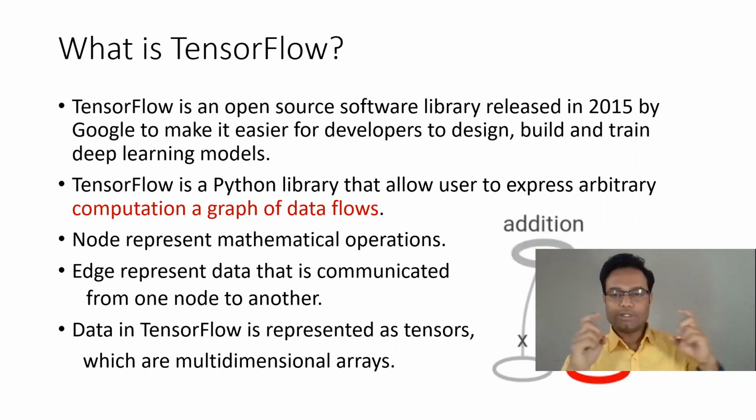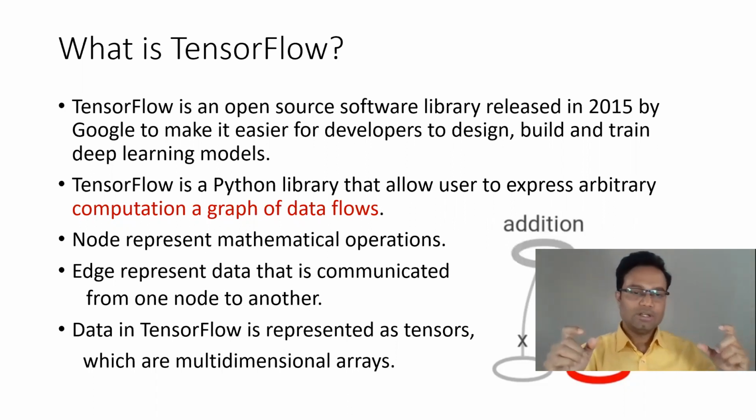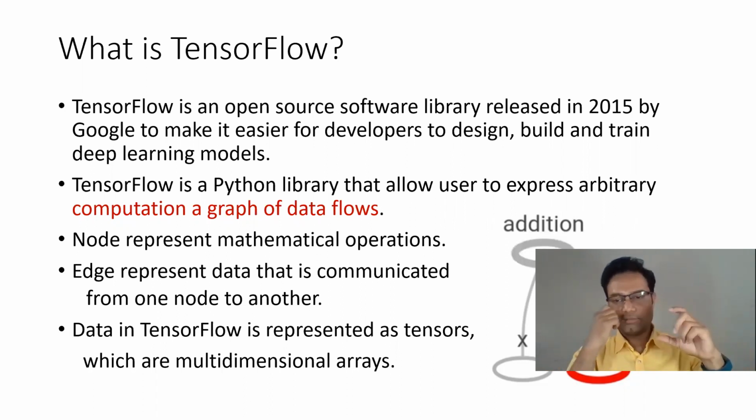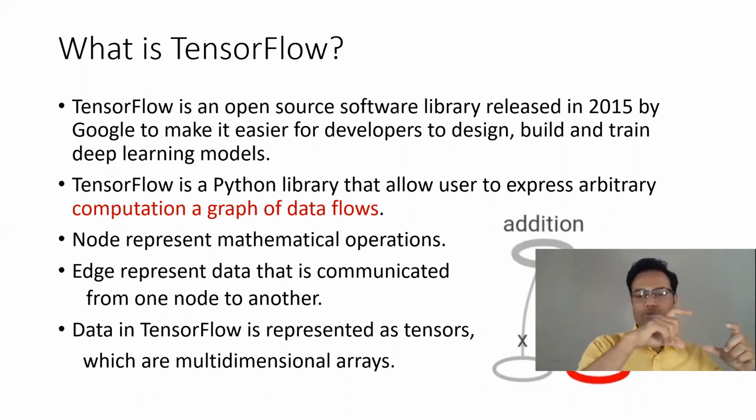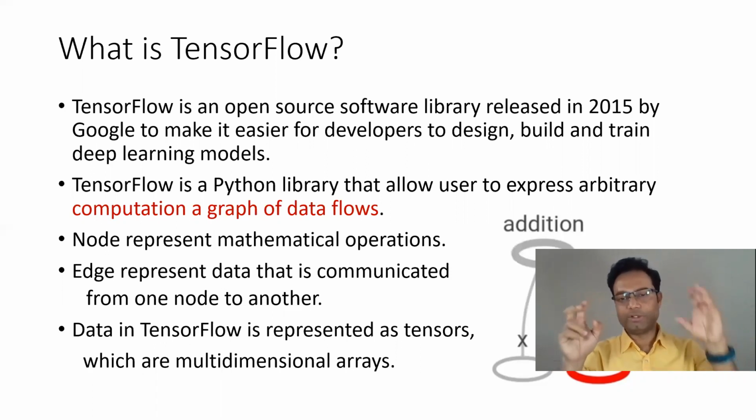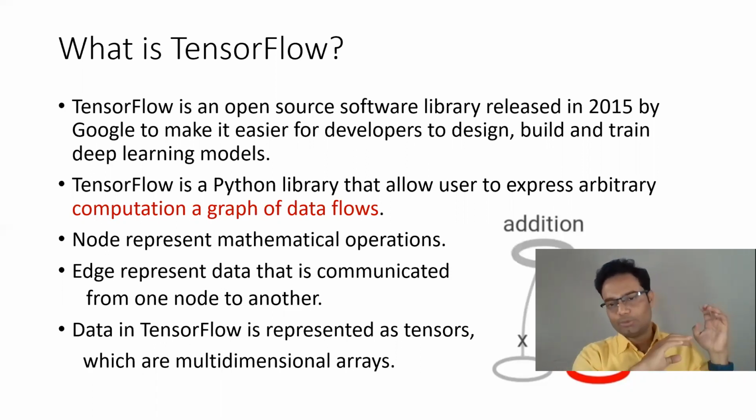And the important thing about TensorFlow is that it is a computation graph of data flow. So for anything in TensorFlow, you have to make the graph, you have to create the nodes and edges, and then you have to pass those graphs into the session to finally execute it.